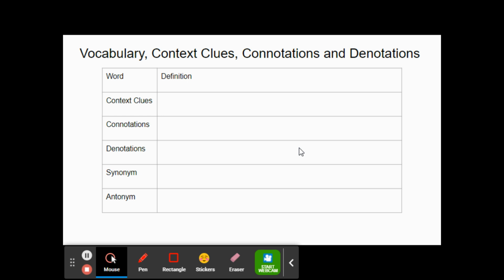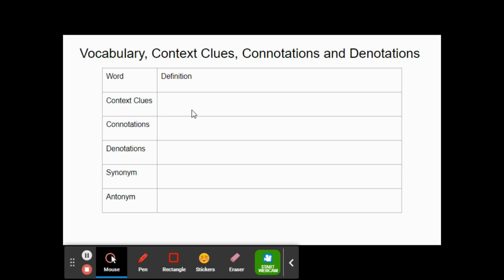Vocabulary, context clues, connotations, and denotations. All you have to do in this slide is define the word. You have the definitions in your data folder, in a handout called Academic Vocabulary. I expect you to find your definitions using your academic vocabulary list.